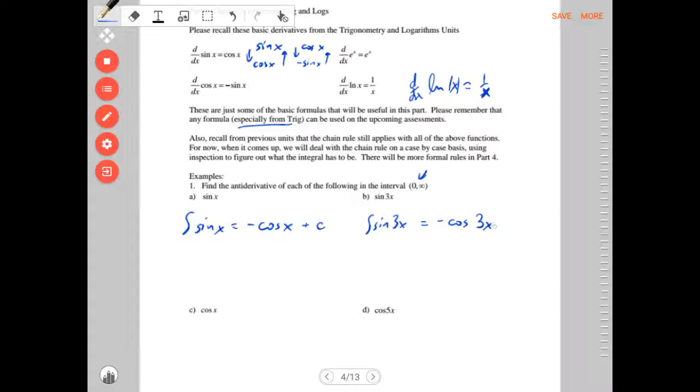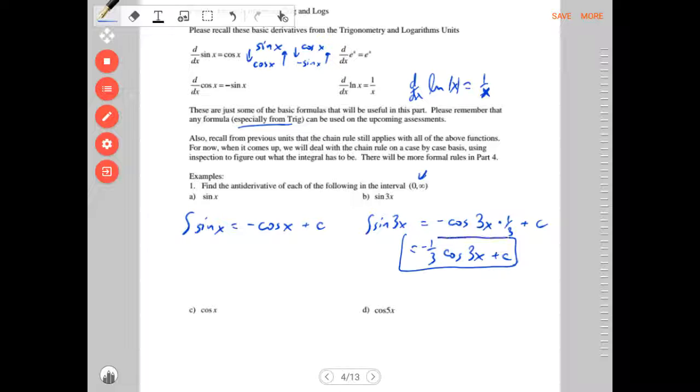So we have this extra 3 that we have to get rid of. We have to multiply by the reciprocal of what the chain rule would have been. So times 1/3 and then plus c. So we end up with negative 1/3 cos 3x plus c.